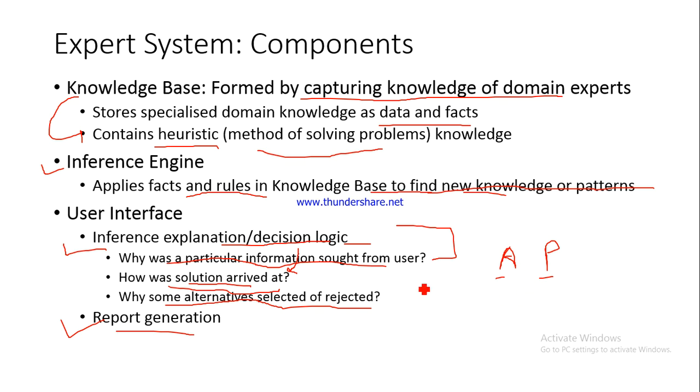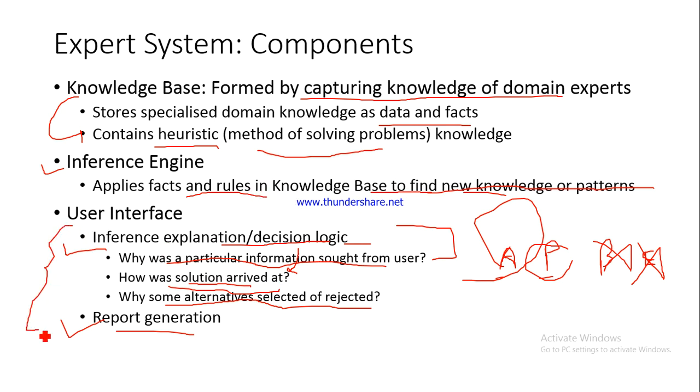Now why did the expert system select A and P as projects? Why did it not select B? Why did it not select, let's say, E? Now this would also be explained by the Inference Engine, and this would be explained through the user interface, right? So the explanation would be done via the user interface, right?